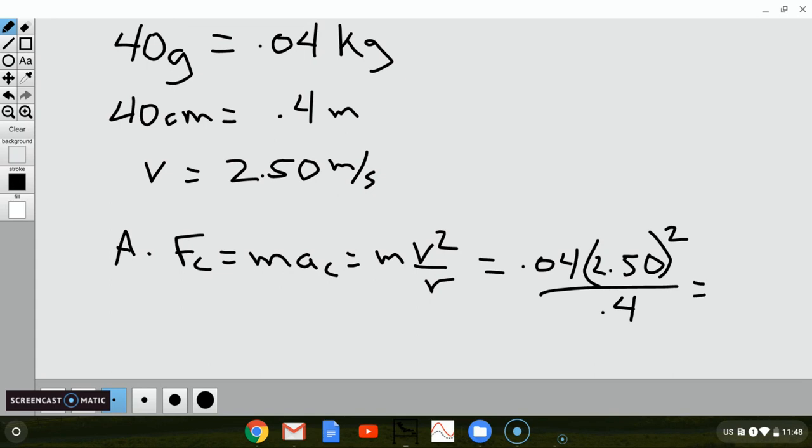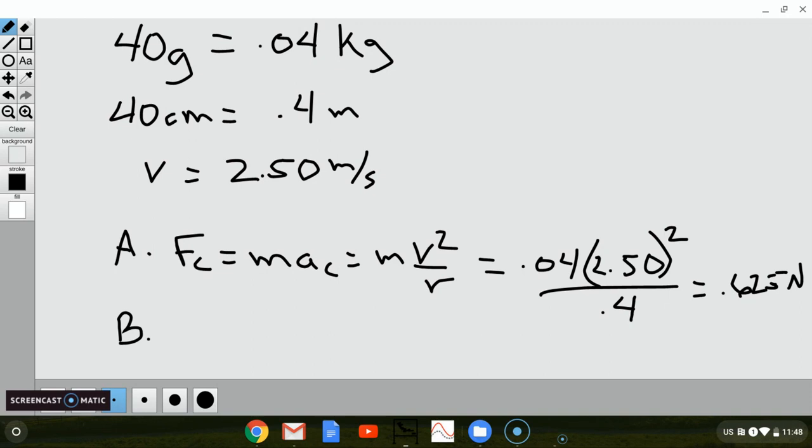And we get a centripetal force of 0.625 newtons. All right, so the centripetal force will always equal 0.625 newtons, no matter where it's at in the circle, because we're always going that velocity.